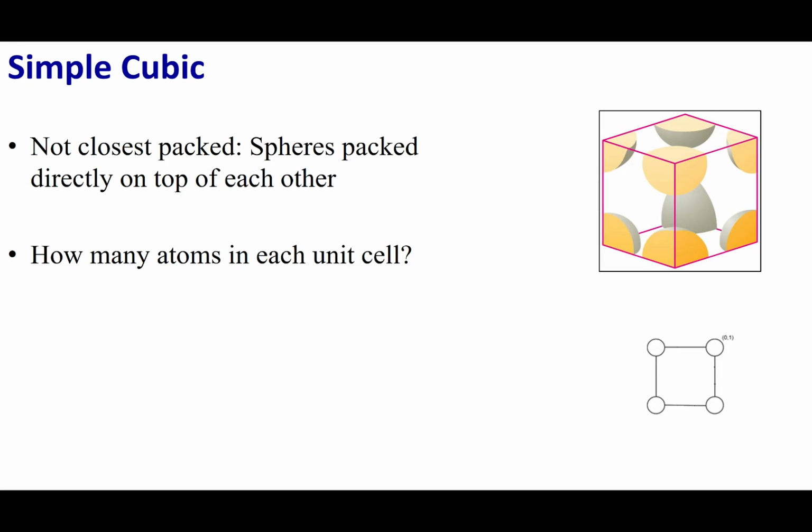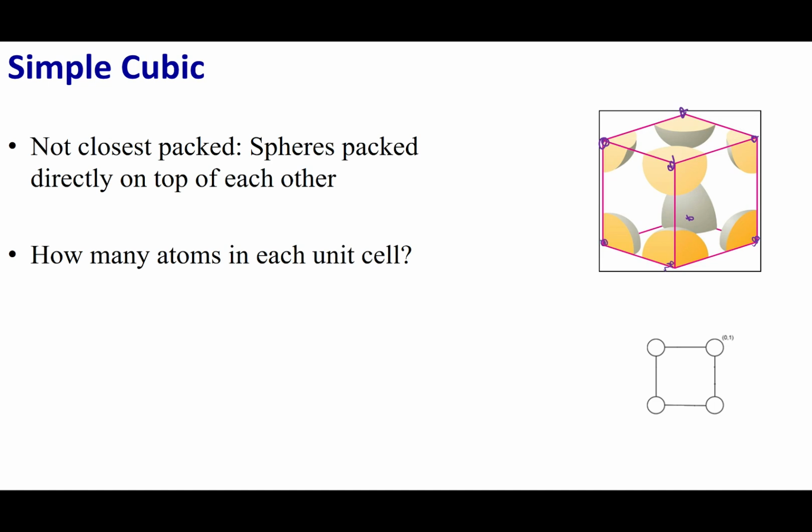The last unit cell that I want you guys to know is called the simple cubic. Again, this is not a closest packed structure. There is a lot of empty space in this one. With this one, what you guys will see is I have a cube, and then on every single corner of the cube, I have an atom.